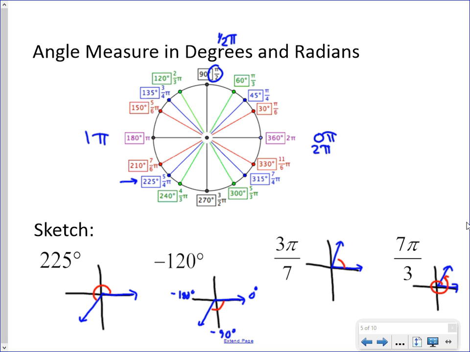So if we just said 3, we'd be really close to pi radians, 3.14 radians. So be careful if they're giving you decimal radians.